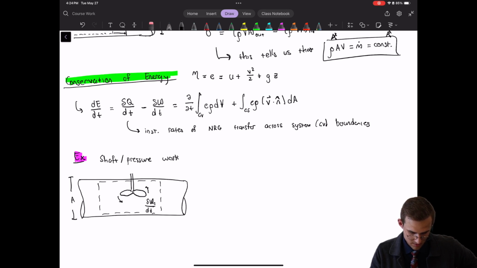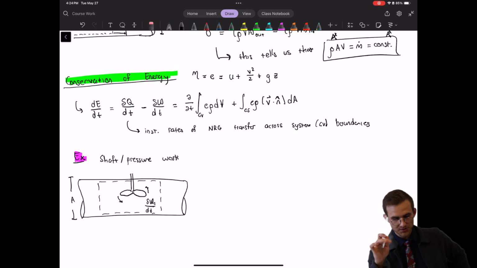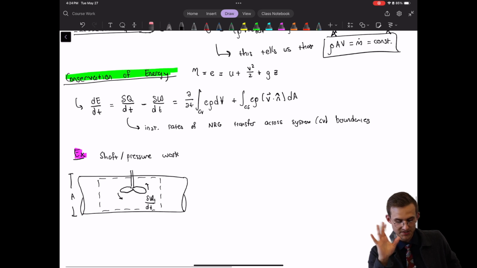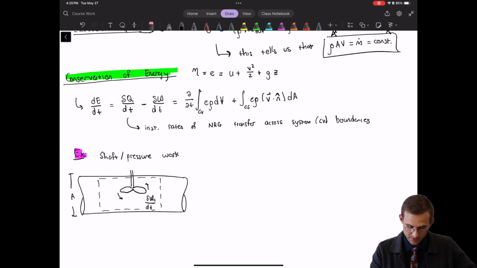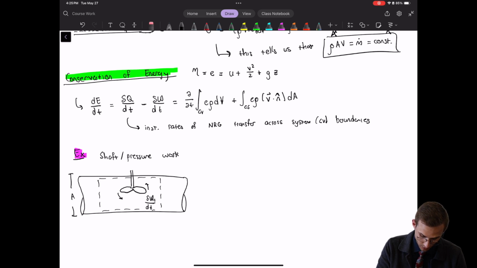So there's an additional type of work that's being done at the boundaries of this system here, right? So we have the propeller. That's one way that we're getting energy injected into the system. But there's also the pressure at the control volume boundary that's pushing the fluid in and out, and that is work being done.